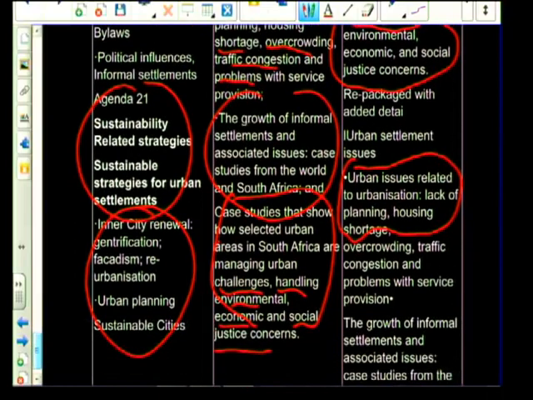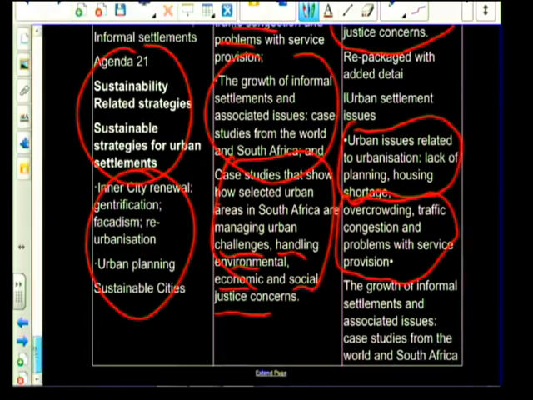We look more into depth at issues like overcrowding, congestion, problems with service delivery, done in more detail. And you'll find the teachers will be handling this in more detail. The growth of the informal sector, which is playing a significant part in our economy, will be handled in more detail with case studies, etc.